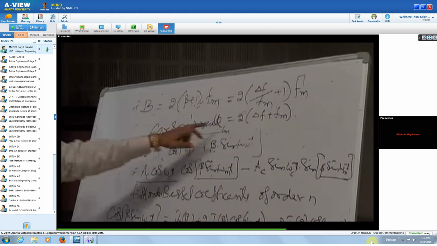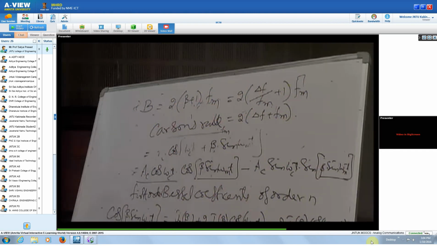Carson's rule: the bandwidth is twice delta F plus Fm, or twice beta plus 1 into Fm. Depending on the values that have been given, you can use the appropriate equation. So this is the expression for the bandwidth of your FM signal.